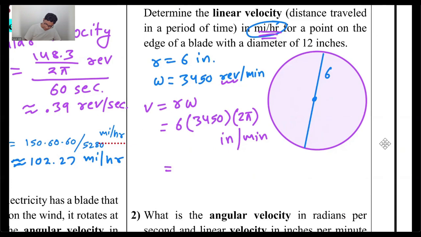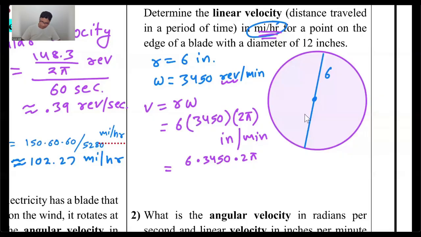Okay, so let me do it first. 6 times 3450 times 2 pi, that many inches divided by 1 minute. Now you have to convert to miles per hour.